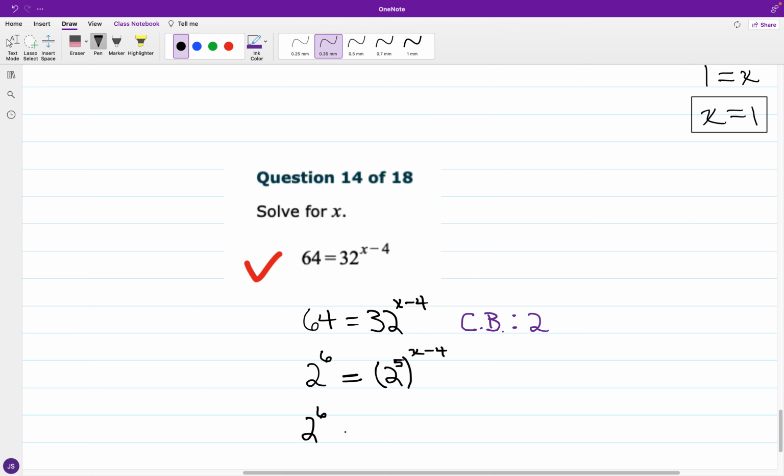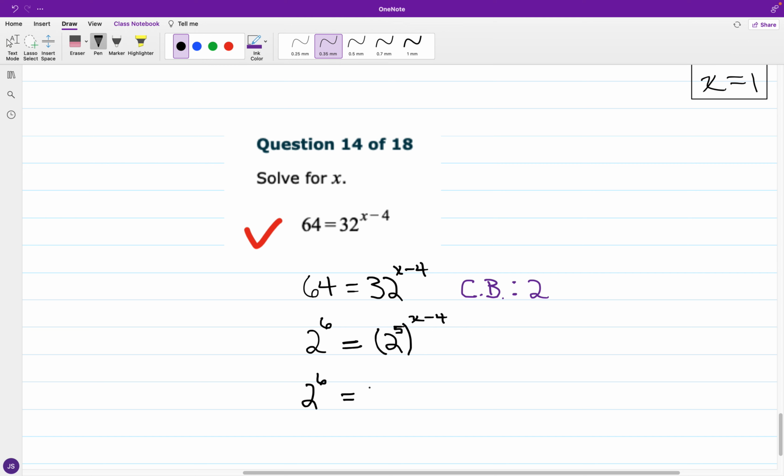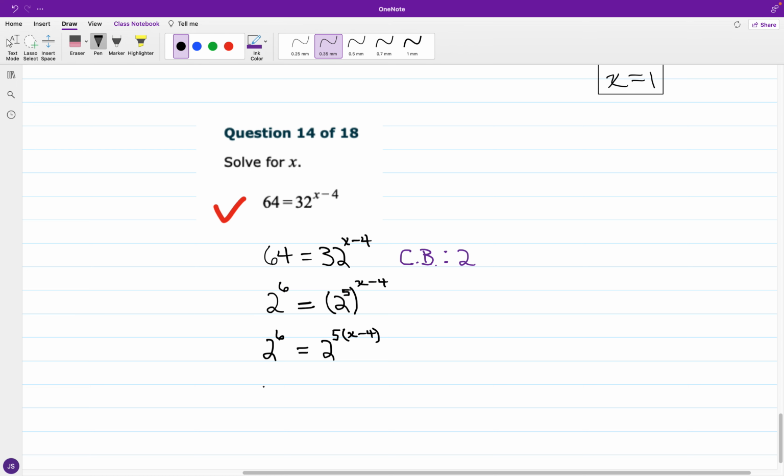Applying the power property of exponents, for 2 to the 5th raised to the x minus 4 degree, we have 2 to the 5 times the quantity x minus 4. So you have 2 to the 6th, and for 2 to the 5 times all of x minus 4, you have 5x minus 20.